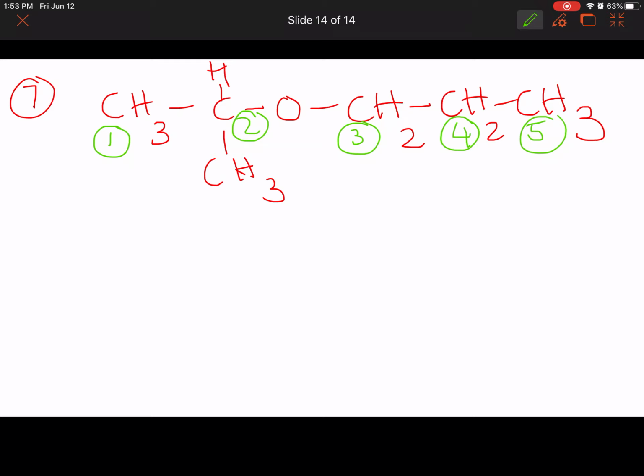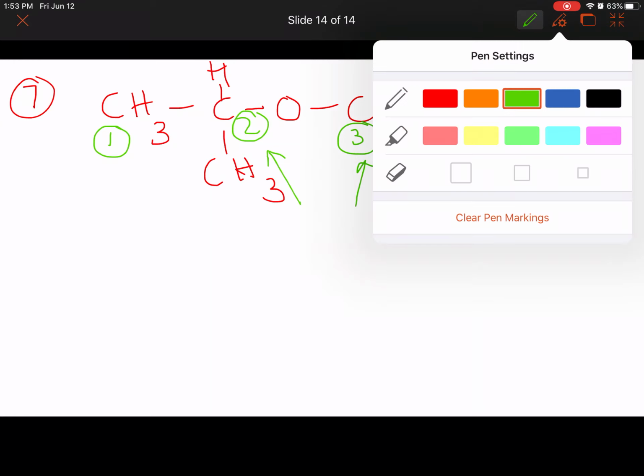Okay, which one is the one with the highest frequency, meaning which one would be the more de-shielded one? Which one do you think? Whichever is closer to the oxygen electronegative atom. So we have two choices, either 2 or 3. So we need to figure out between 2 and 3 which one is going to be the most de-shielded one.